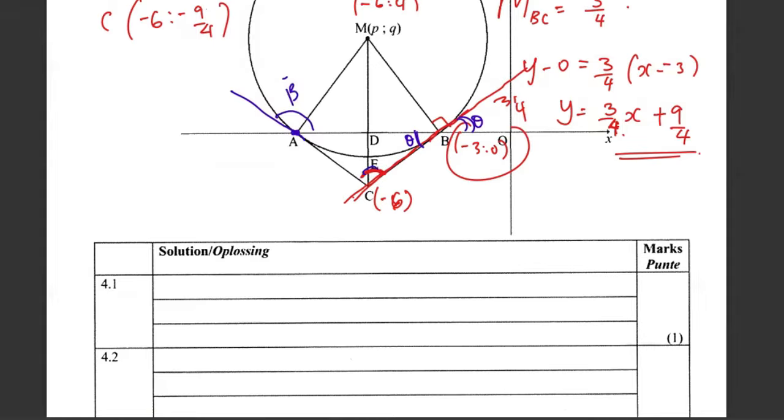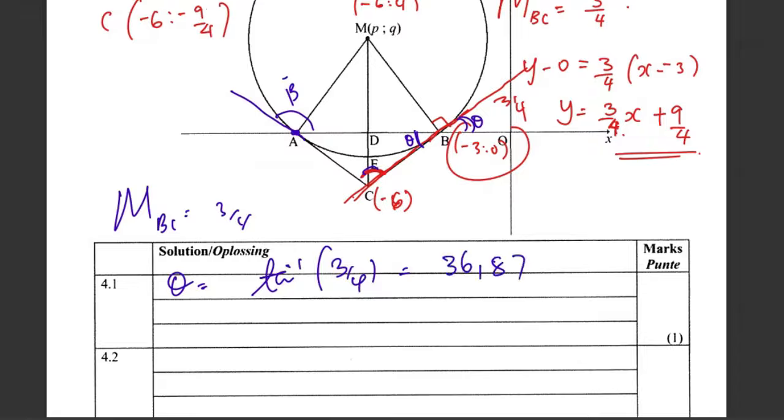All right, so we're saying the gradient of BC is 3 over 4, meaning that theta is going to be shift tan of 3 over 4. Okay, shift tan of 3 over 4, I'm getting 36,87 degrees.